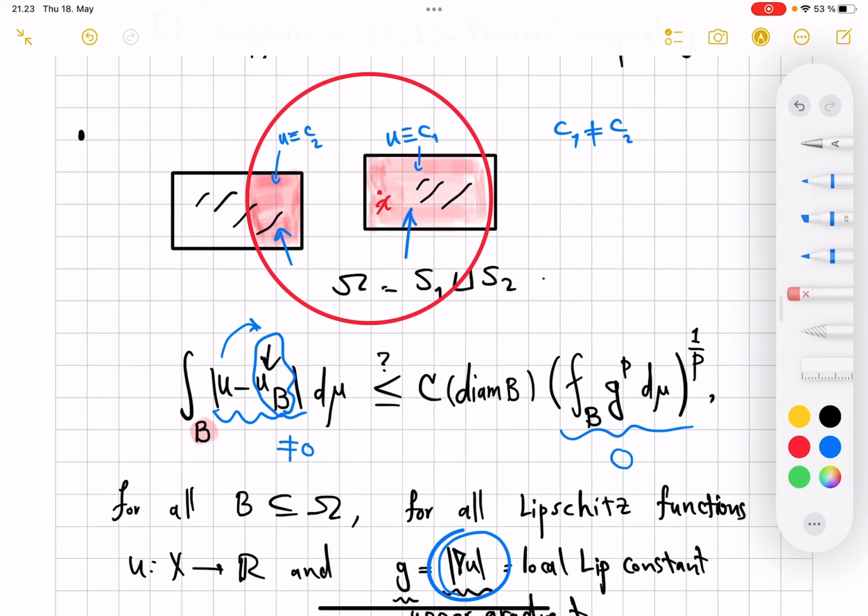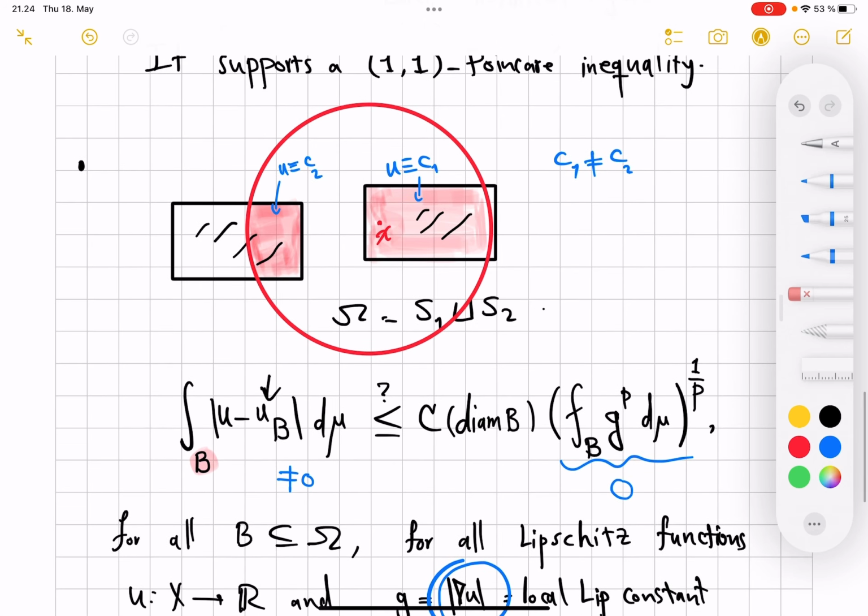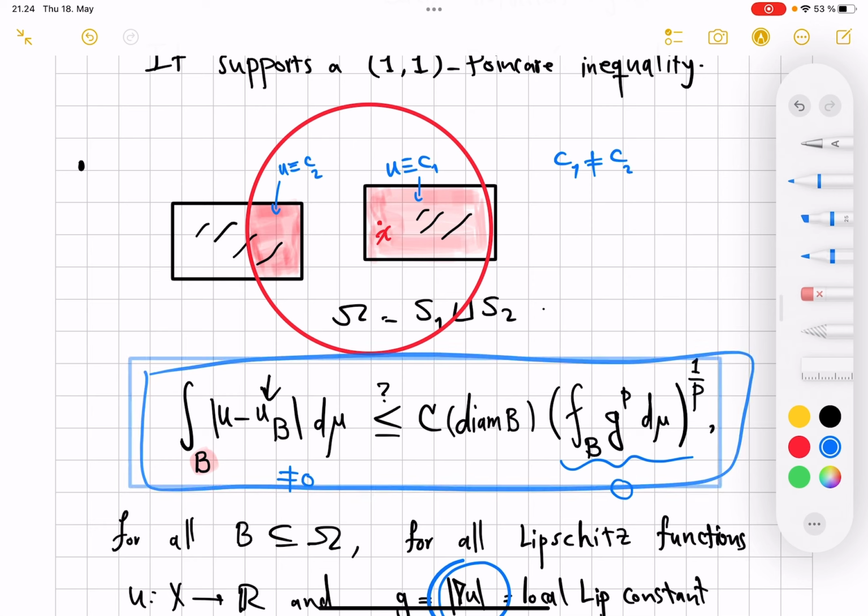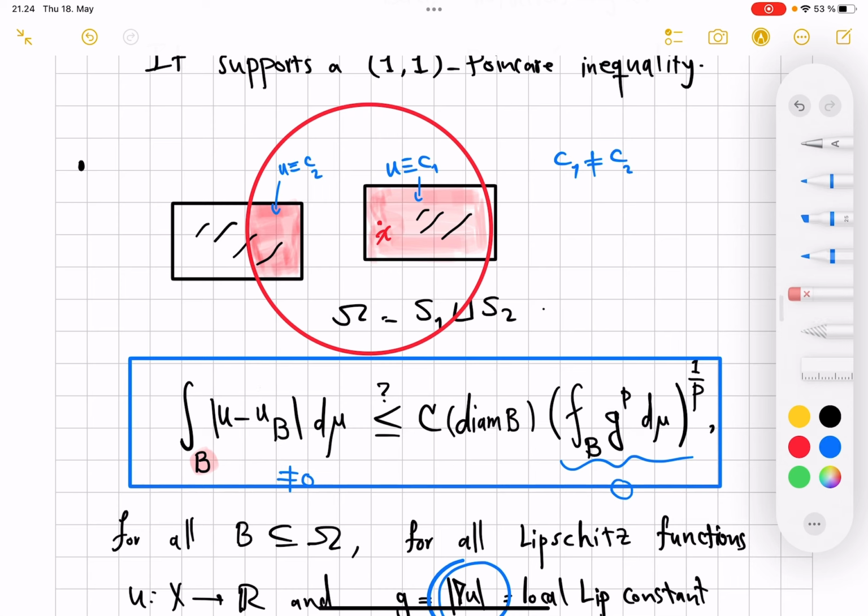In one of the parts at least, this will be a constant other than 0. So the integral will be at least the volume of that half times that constant. So you see that, interestingly, this analytic inequality captures some metric property of the space, namely here that the space needs to be connected.